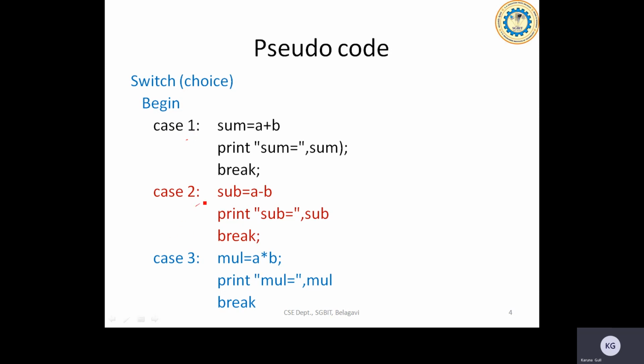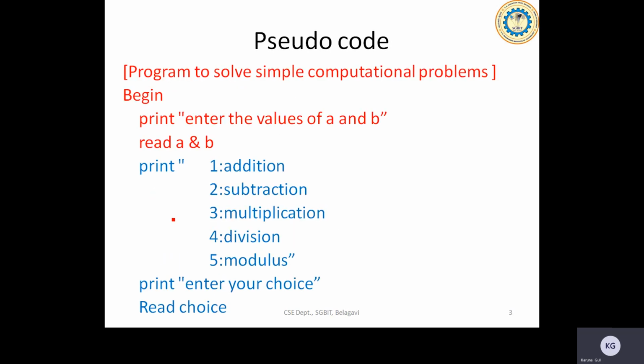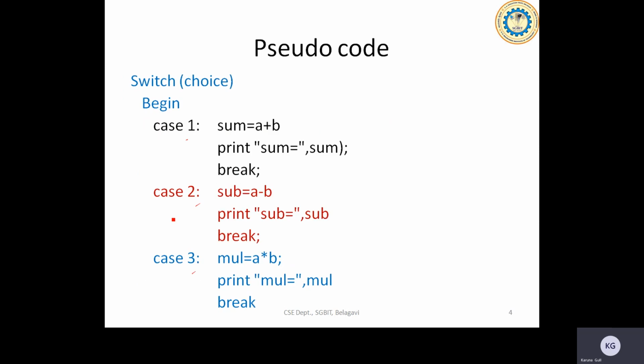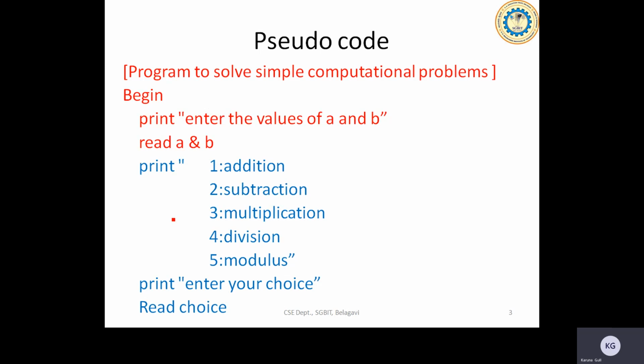If the choice is 2, it goes with case 2, and if the choice is 3, it goes with case 3. If any value other than these 5 is given as the choice, it goes with the default of the switch statement, which gives us a message such as invalid operator or invalid input.